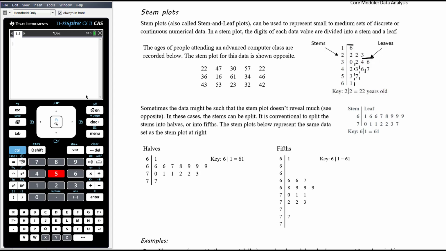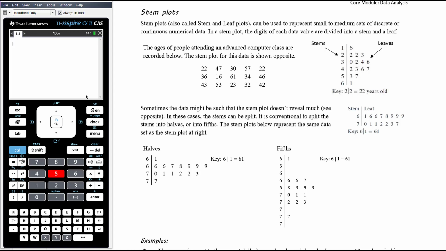If you unevenly space the numbers, if you were to draw this and have 1, 2, 3, 4, 5, 6, and do 2, 2, 3, and then 0, 2, 4, 6, you've got these two looking like they've got the same number of pieces of data in them, but actually this one should be longer than this one. So making sure that things are evenly spaced.